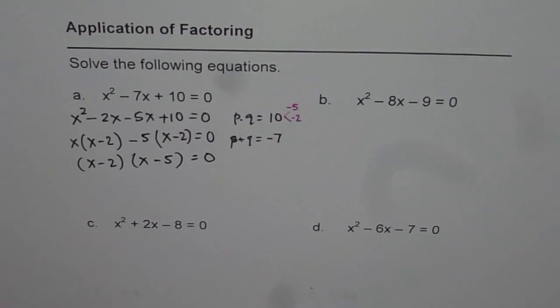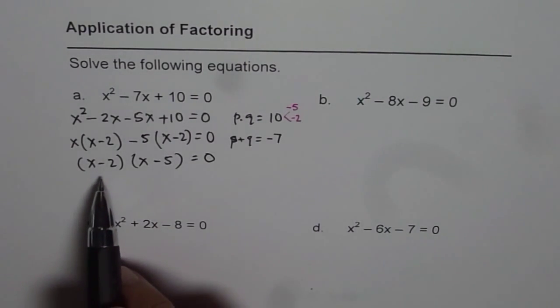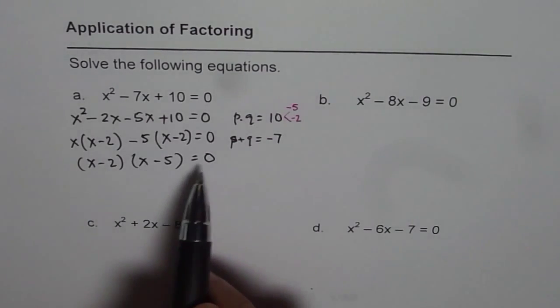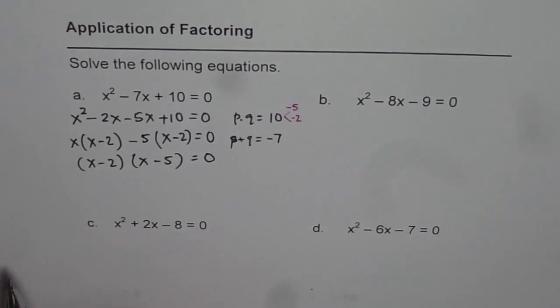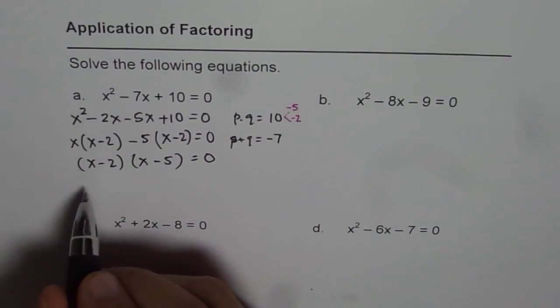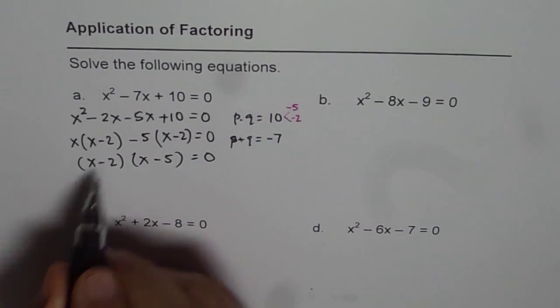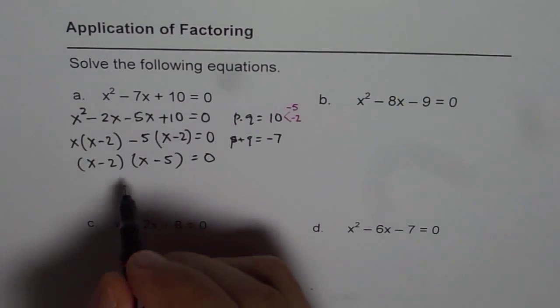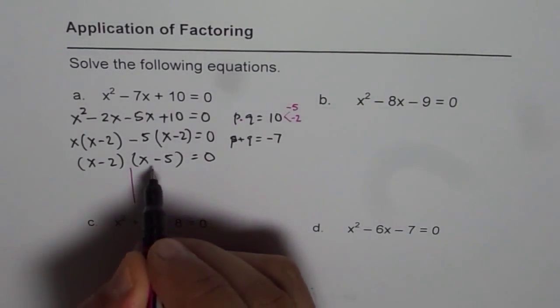Solving equations means making the left side equal to the right side. Now, if the product of two numbers is 0, that means one of them should be 0 or both should be 0. Therefore, the possible solutions are, we can equate x minus 2 to 0 and we can equate x minus 5 to 0.